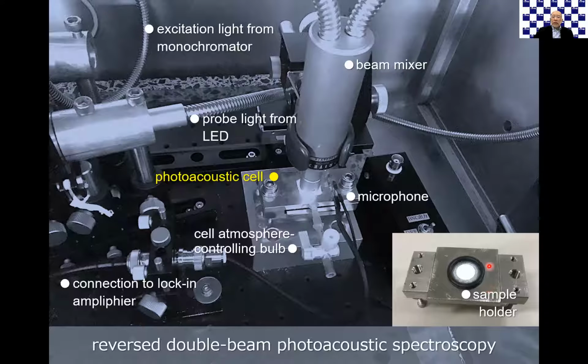And this is a sample holder, like XRD. If powder is measured, it is filled here, and an O-ring gives the sealing in the photoacoustic cell.